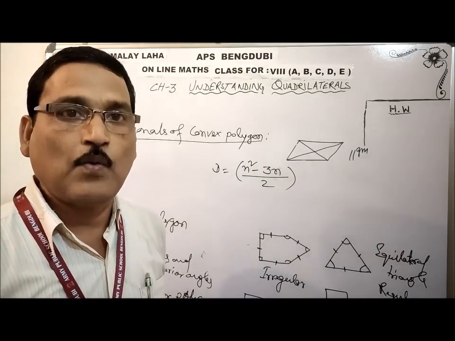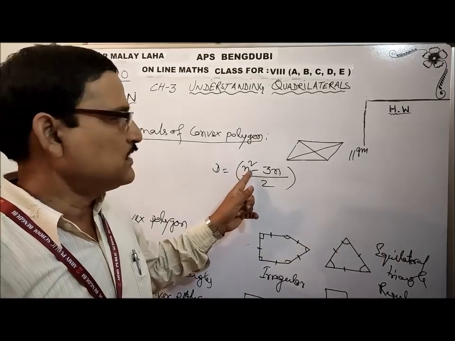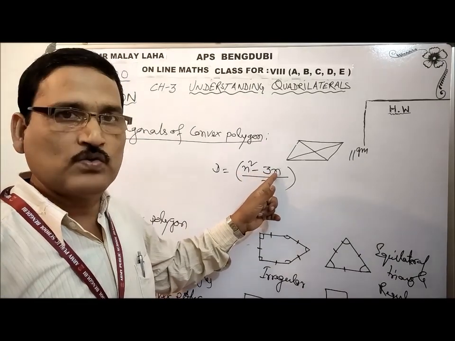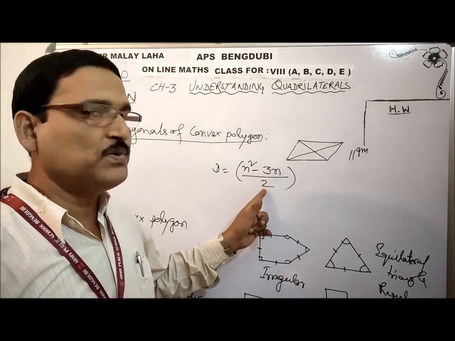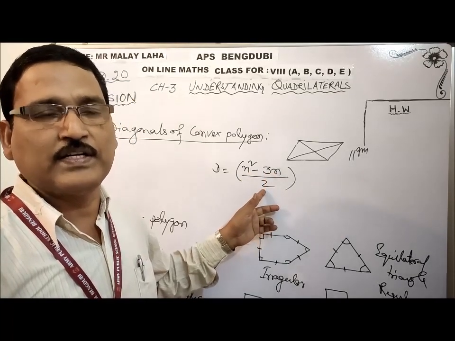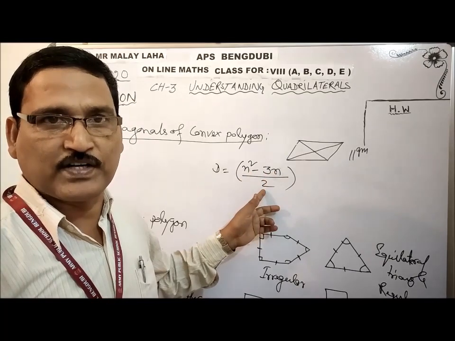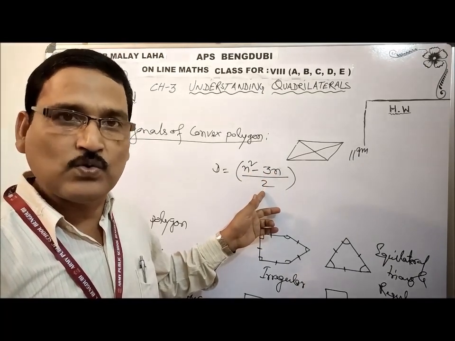Now square. How many sides does a square have? 4. 4 square is 16. 16 minus 3 into 4, 12. 16 minus 12 is equal to 4. 4 divided by 2, 2. So in case of a quadrilateral or any special type of quadrilateral, it has only 2 diagonals.